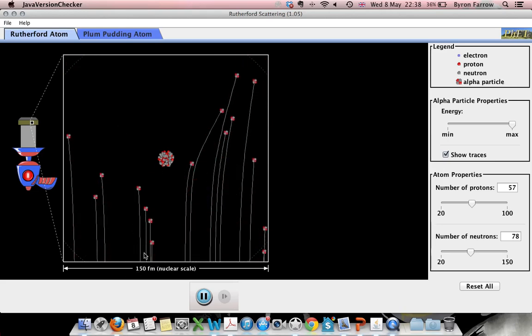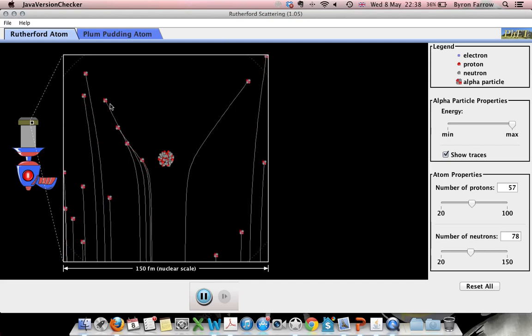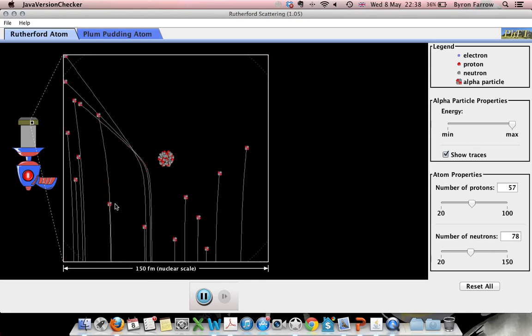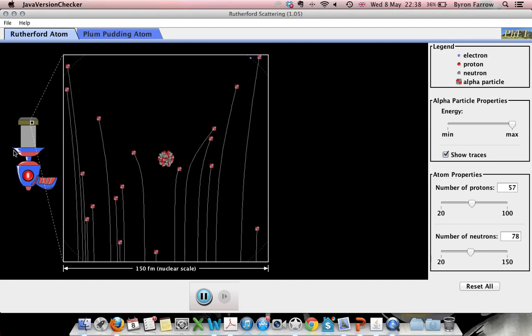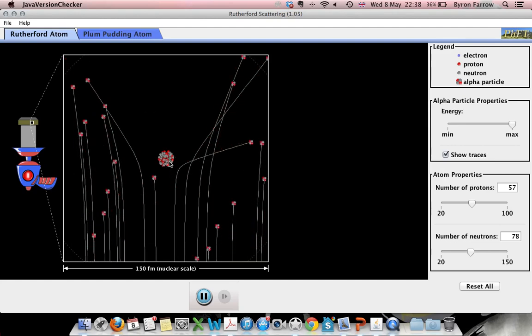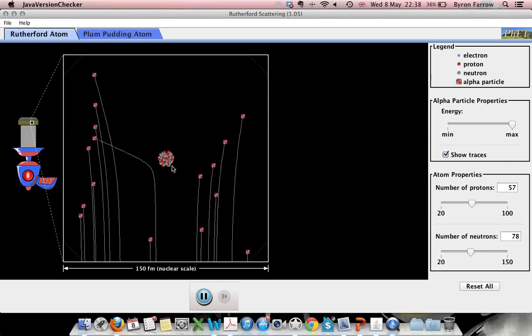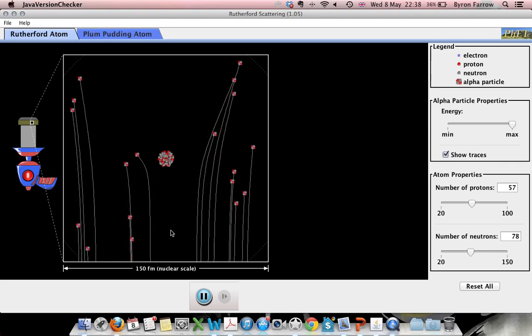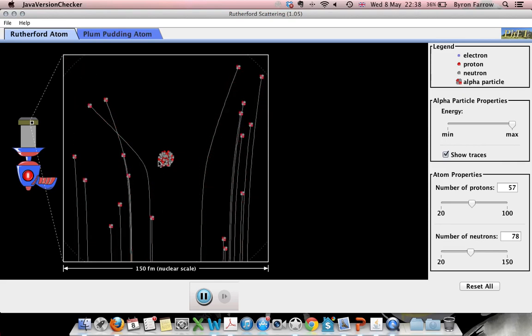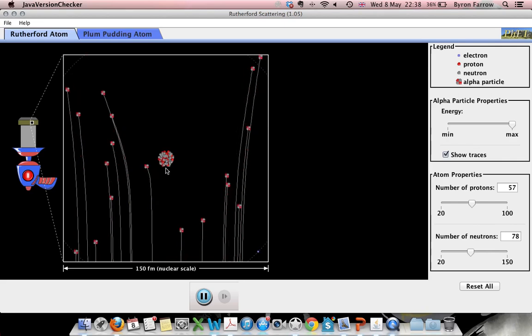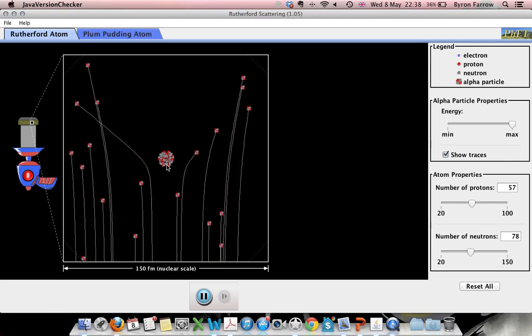Now notice that previously we had a big atom all spread out. Now our electrons are still out here, but we have our nucleus very much concentrated in the middle. These alpha particles are positively charged, so they're being repelled by this positively charged and much bigger nucleus.